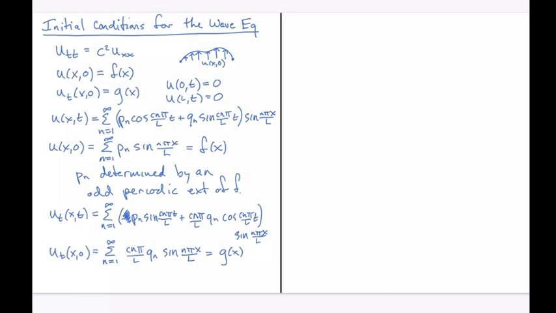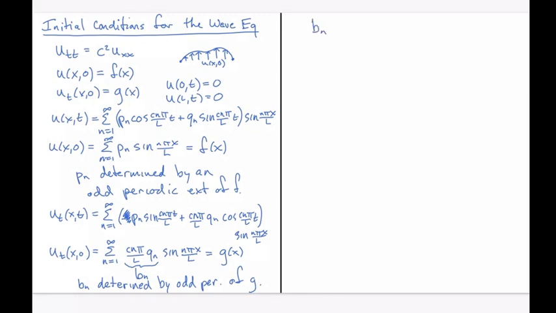And we have again a Fourier series, but I'm going to call this Bn. So the Bn are going to be the Fourier sine series. So Bn are going to be determined, same sentence as before, by the odd periodic extension of g. And so that's how you find your Bn's.